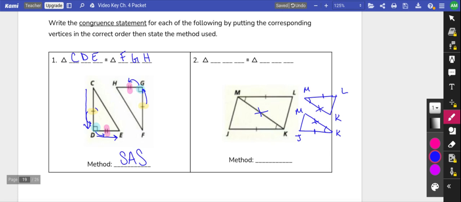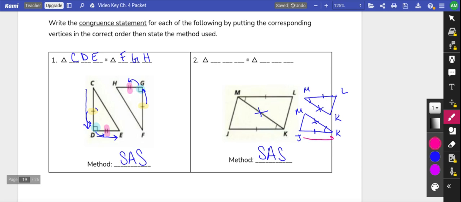Now you can color code if you want, but based on the congruent marks, I can already see that these triangles are congruent by side, angle, side. Because I have a side, 2 sides, and the angle in between them. Now to name the order of the letters, I can choose whichever order I want for my first triangle.